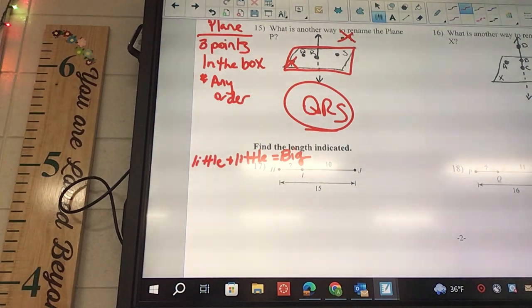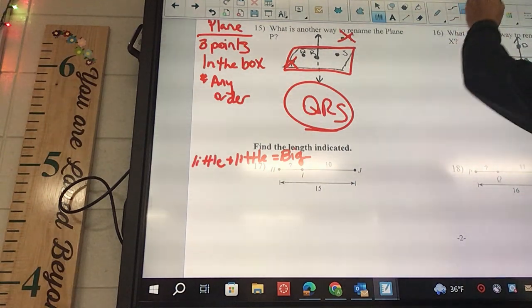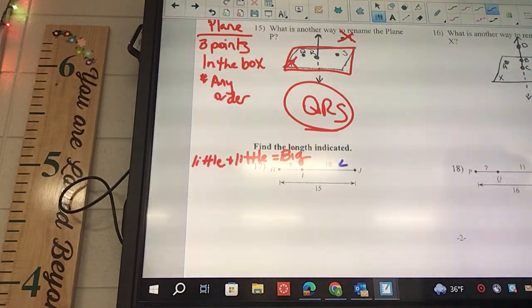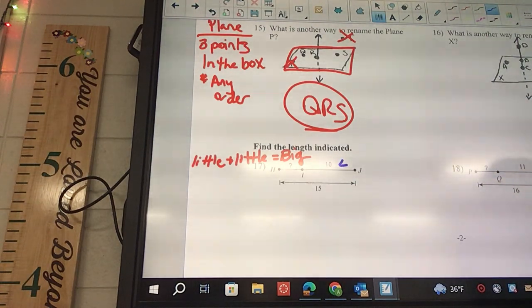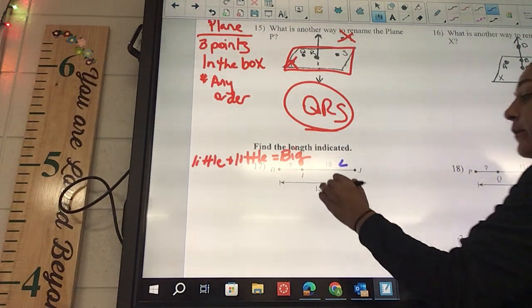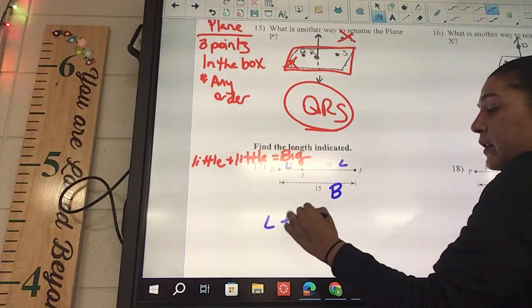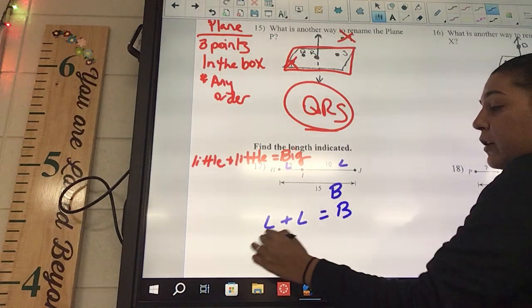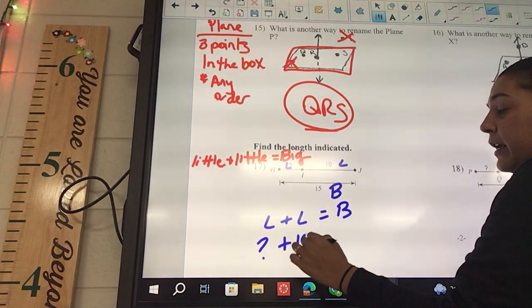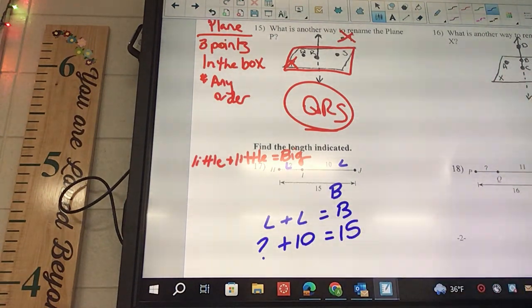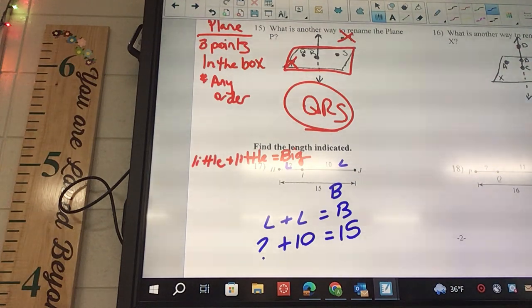Little. What about the 15? Big. And then the question mark is a little. So we got little plus little equals the big. So it's a question mark plus 10 equals 15. So what plus 10 equals 15? 5.